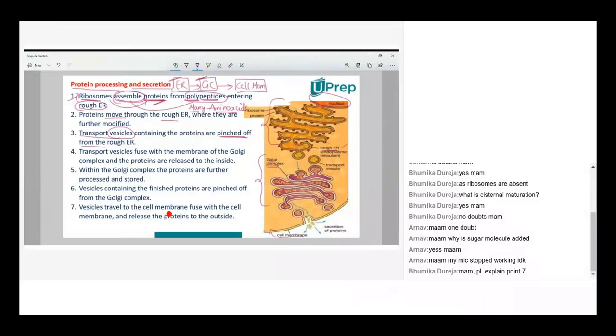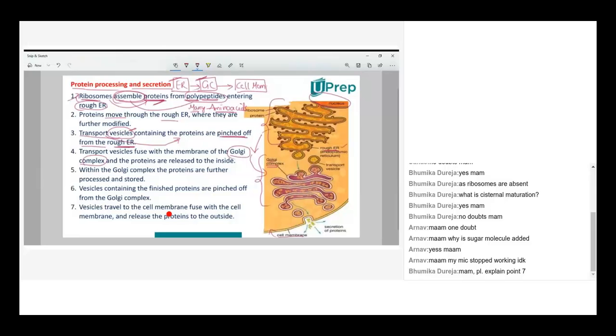So the vesicles, which will transport proteins, will be pinched off from the rough endoplasmic reticulum. The proteins produced will be transported through these vesicles from the rough endoplasmic reticulum towards the Golgi complex. So this is the order, from endoplasmic reticulum towards the Golgi complex.